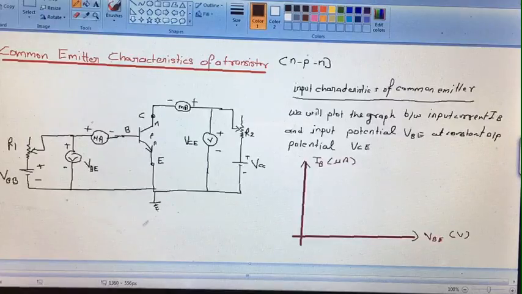See here, we have connected two back-to-back PN junction diodes.